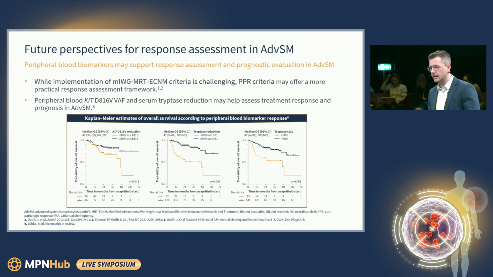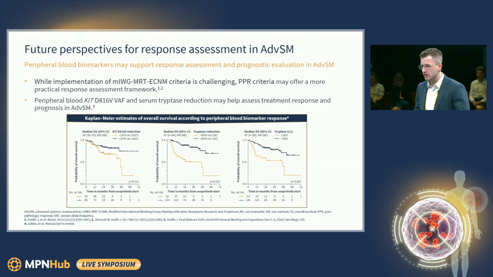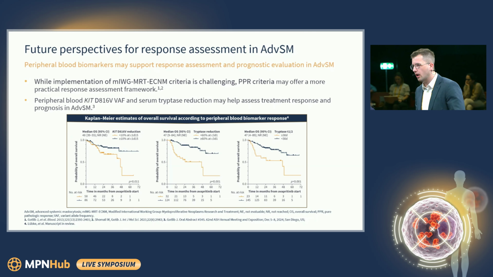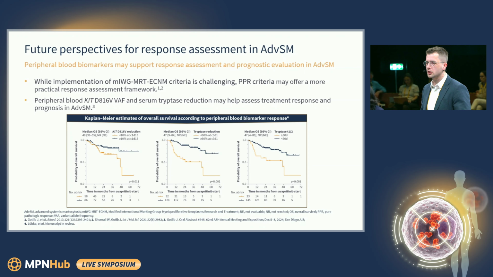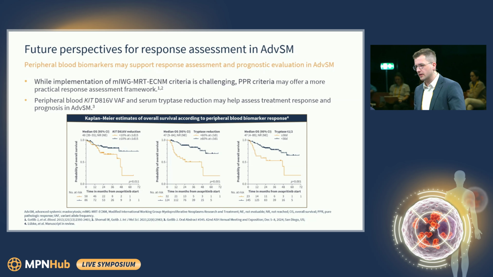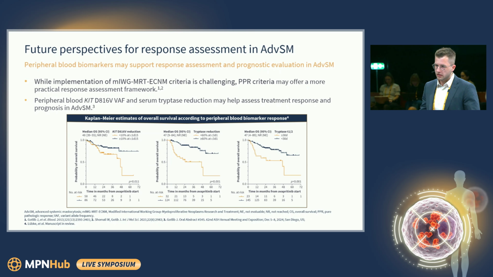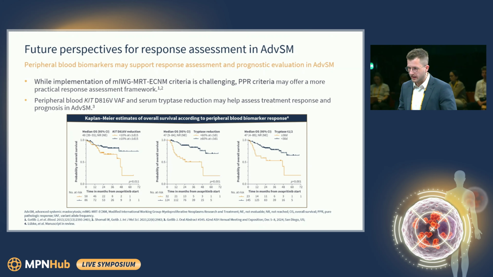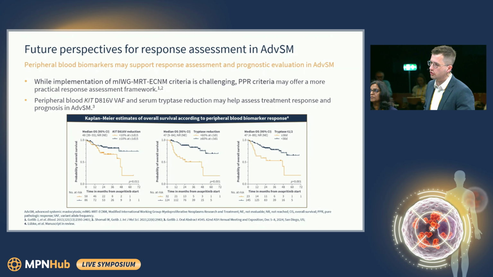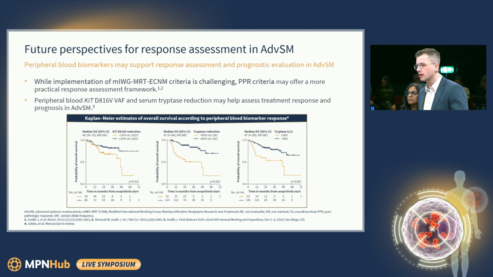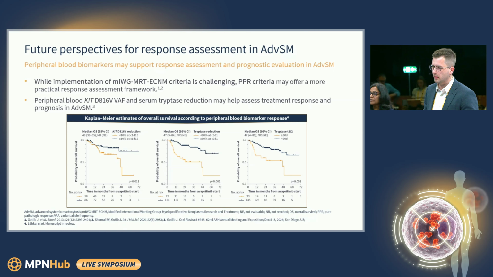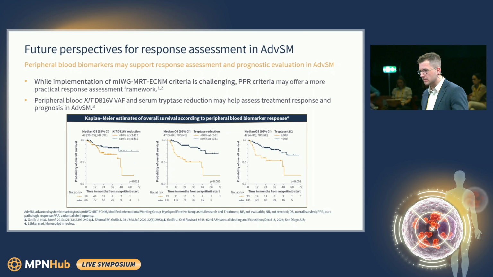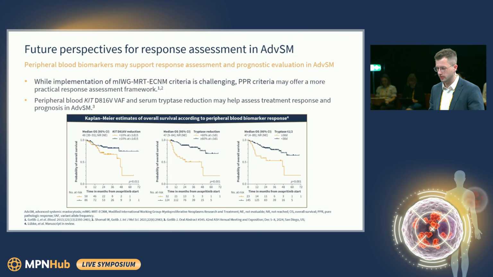On the left side, you see that KIT D816V allele burden reductions of more than 10% as early as day 15 in patients, again, treated with specific KIT inhibitors, can serve as a prognostic marker. And on the right side, you even see that we looked at halving of tryptase within 30 days, which was also highly predictive and prognostically relevant in these patients. And they can help us to refine the baseline prognostic assessment in such a patient.